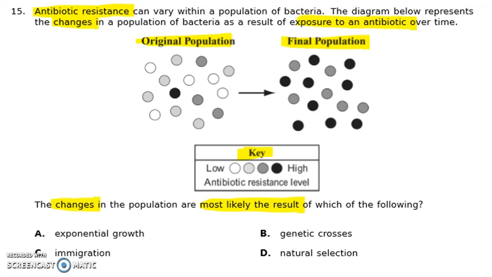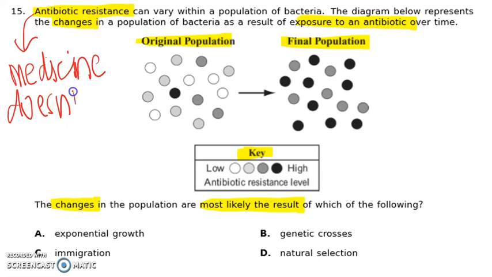All right, so let's go look at some of these keywords and phrases that we highlighted. Okay, so antibiotic resistance, that is when medicine doesn't work. Okay, so some bacteria have a gene basically that allows them to be antibiotic resistant or not be killed with medicine that we have.